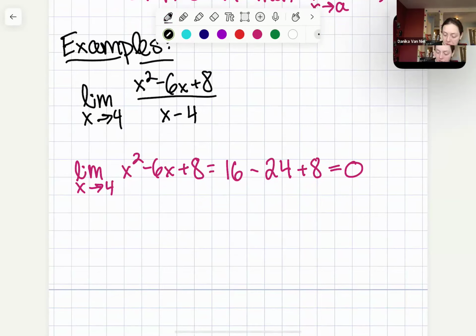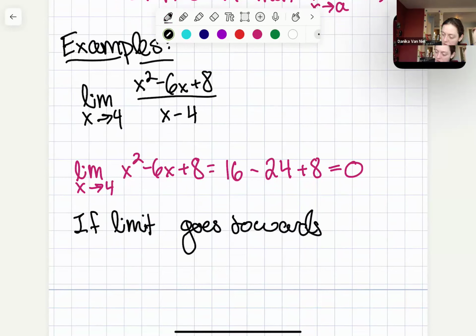So here comes a rule, or a general rule, I don't even know what to call this. If the limit goes towards 0 over 0, which I know doesn't make sense, but just bear with me. The numerator is going towards 0, the denominator is going towards 0.